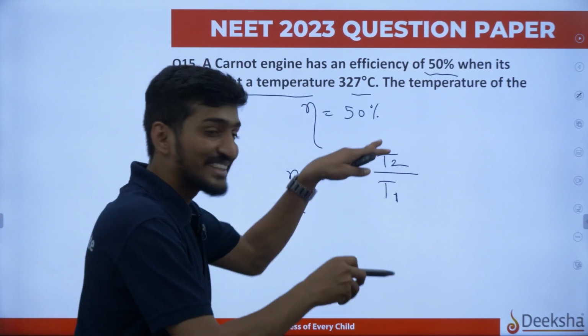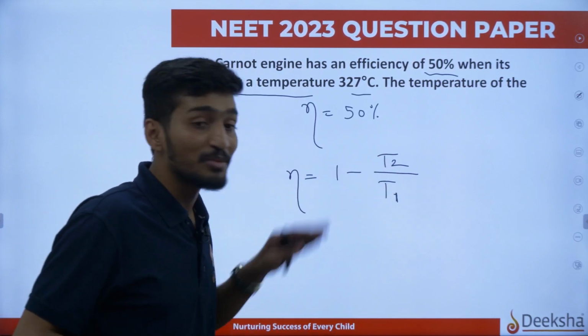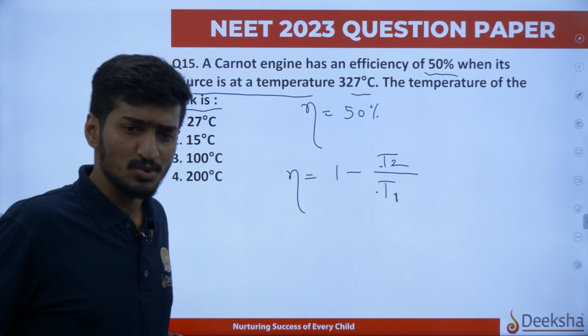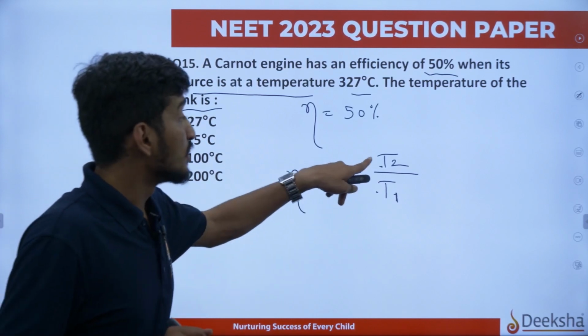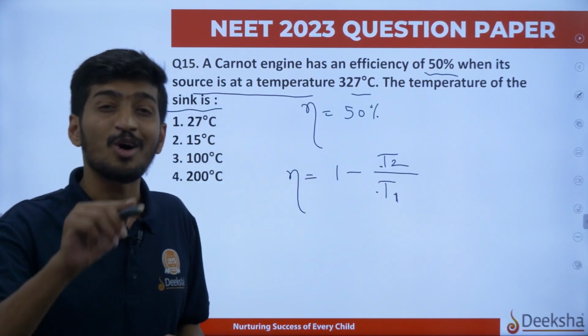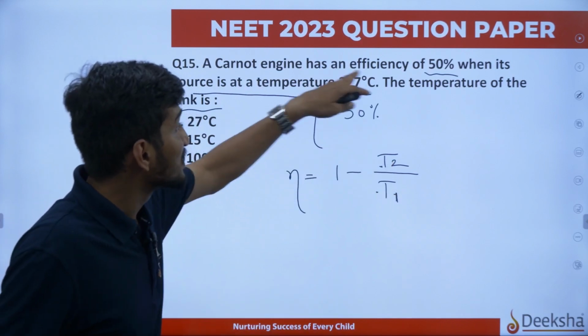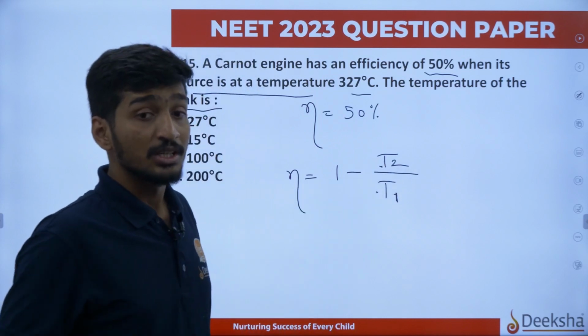You want something smaller than 1 to be subtracted from here. So 1 minus T2 by T1. This should be the sink, this should be the source. Now remember, in the formula for Carnot engine's efficiency, T2 and T1 are all in Kelvin. So we need to convert these values first into Kelvin. Then we can calculate efficiency.